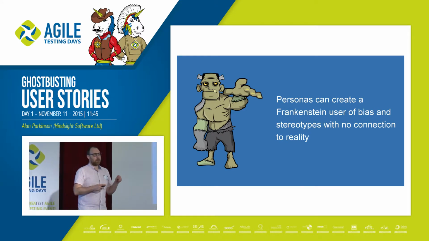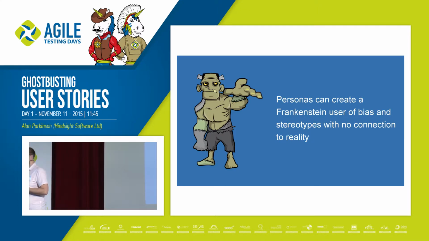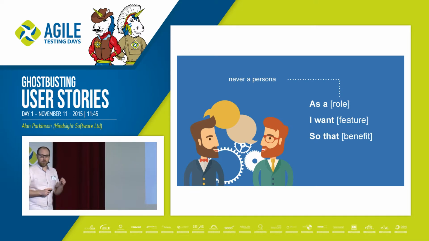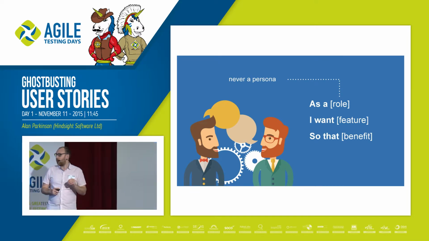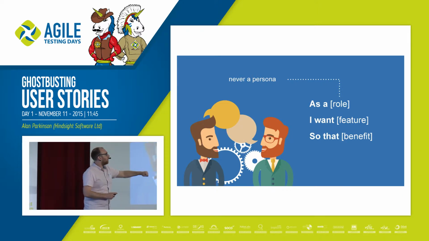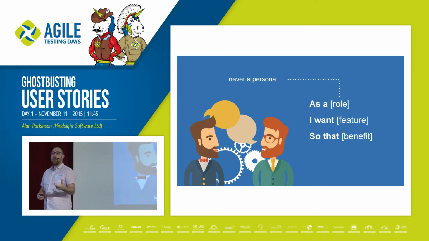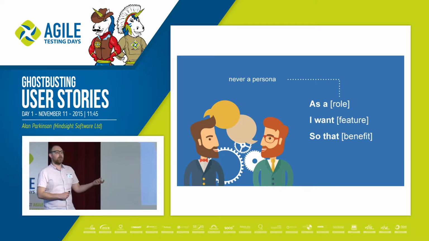We still use personas, we're just very careful with them, but we've done something else with them. The reason we have to add something else is that in the user story, the role has a benefit at the end of the user story. If you're dealing with a persona, you're not dealing with a person's real job.